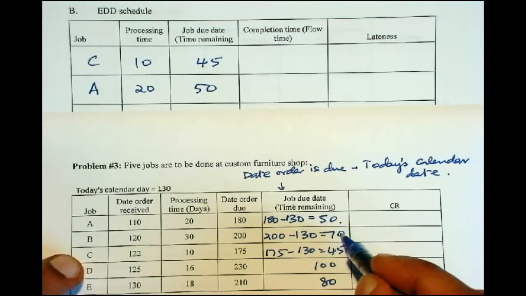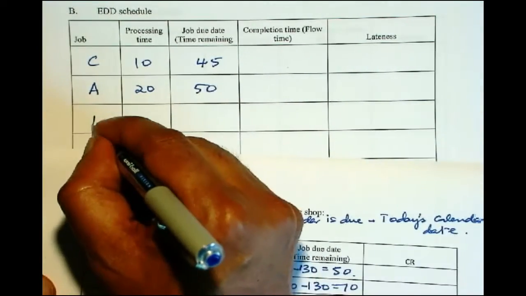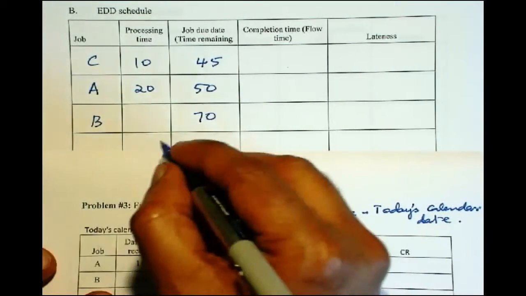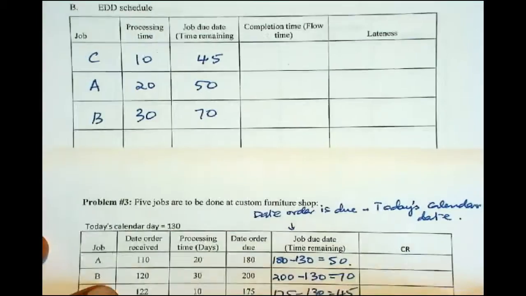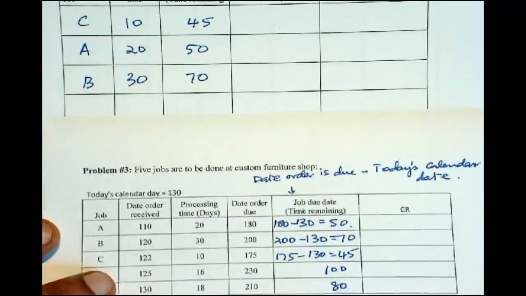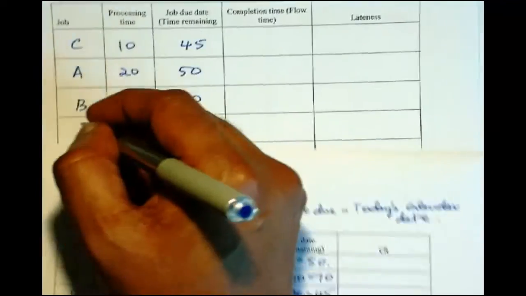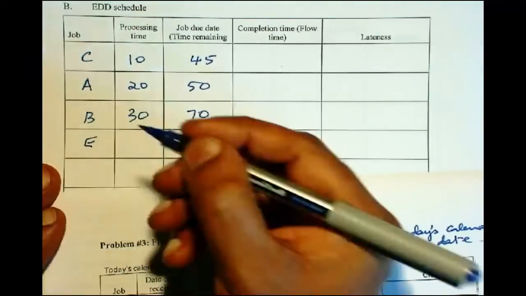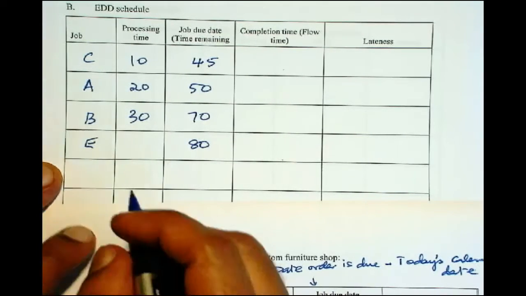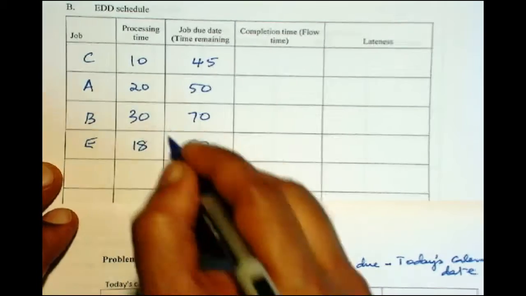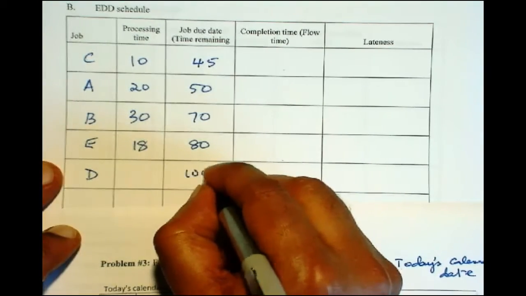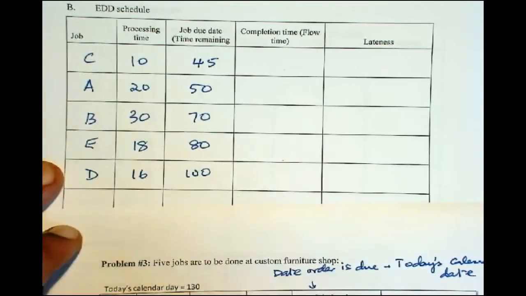After that is B, 70, and 30 for processing time. The next one is E. Due date is 80, processing time is 18. And then D finally. Due date is 100, processing time is 16.